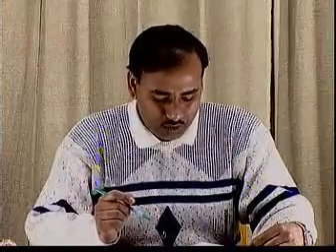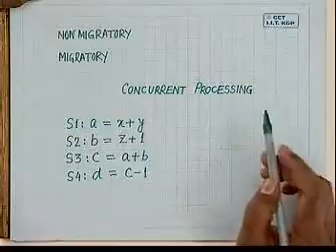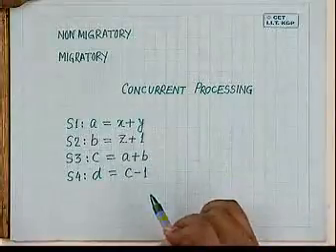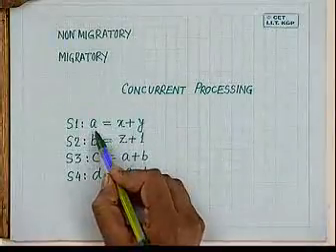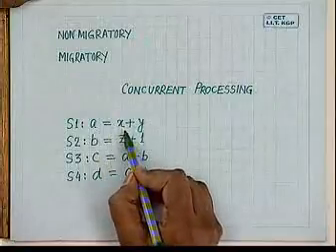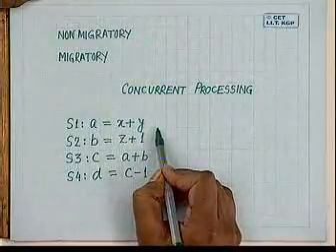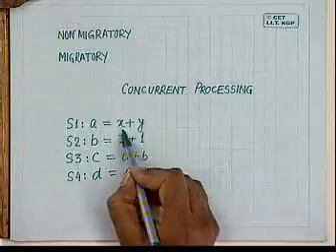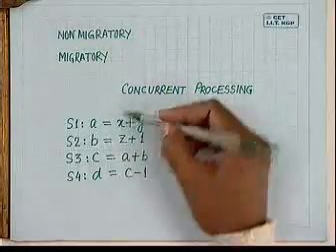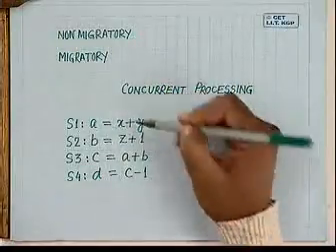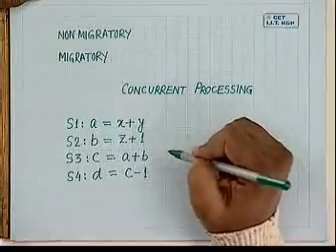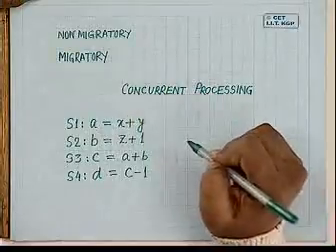Now if you study all these four statements, S1, S2, S3 and S4, you find that for statement number 1, which is A = X + Y, this X + Y does not depend upon any previous statement. That means X and Y are not generated by any previous statement.